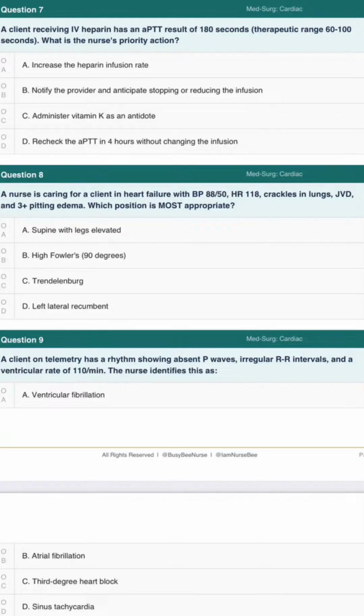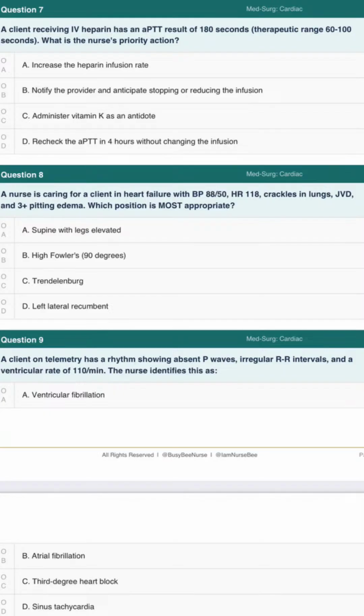So always remember that. Ventricular fibrillation has no organized complexes at all. Third degree heart block has a slow, regular ventricular rate with complete AV dissociation. Sinus tachycardia has a regular rhythm with clearly visible P waves before each QRS.